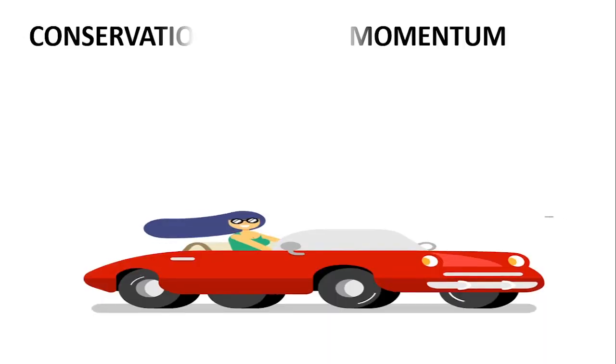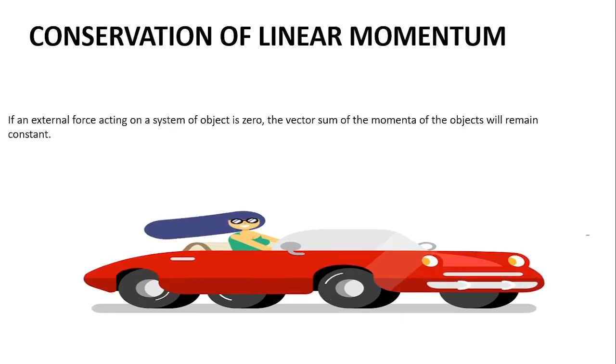Okay, so let's move on and look at what happens in collision and explosion. If you look at the first animation in my video, I played a picture where an explosion took place.